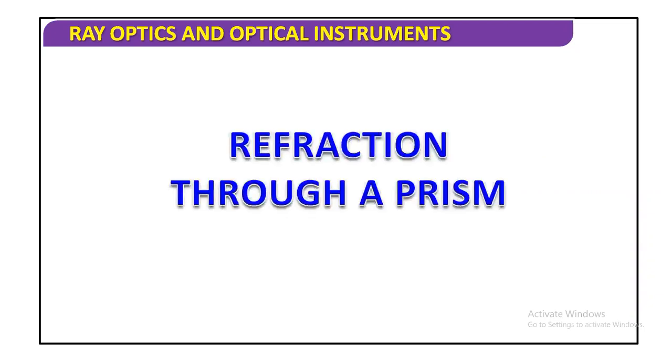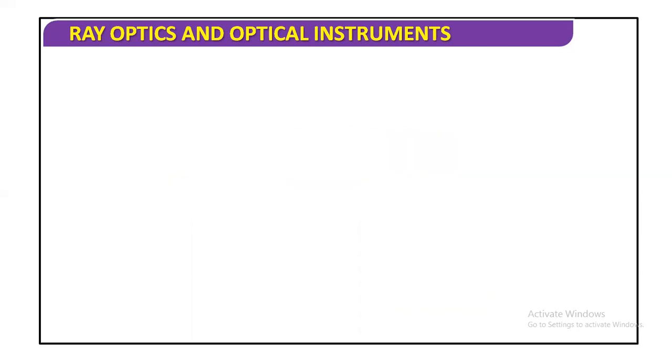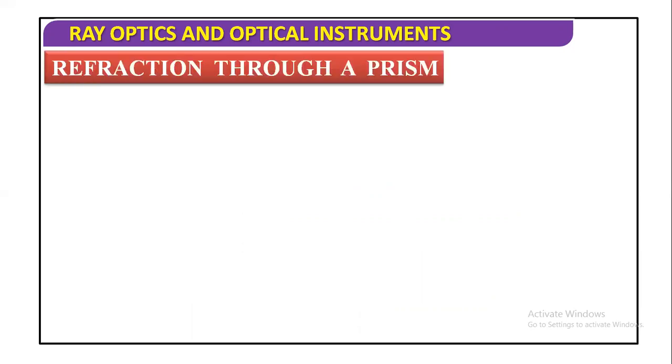So we will study the straight line path of the light through different mediums, through different optical instruments like lens, like mirror, like prism. So today we are going to study refraction through a prism. How the light behaves through a prism, that is our topic of discussion today.